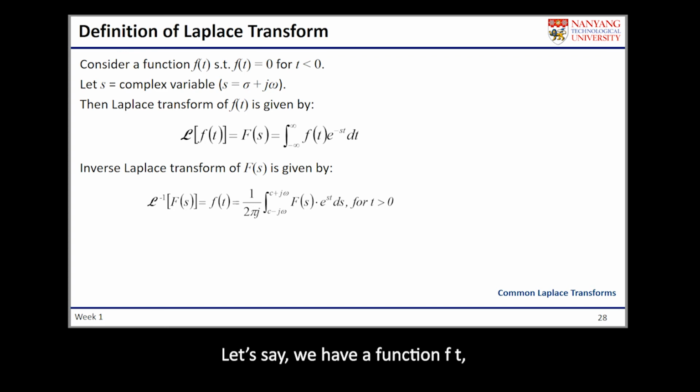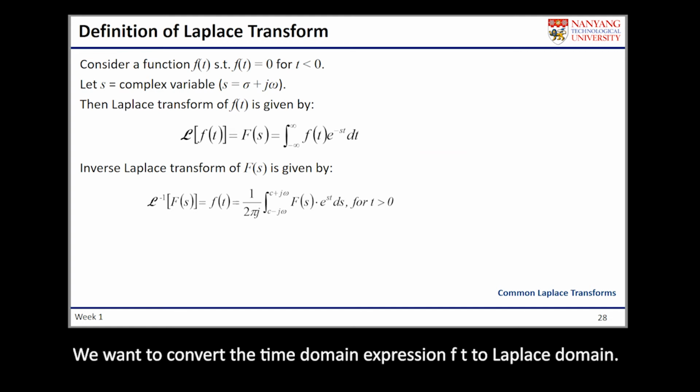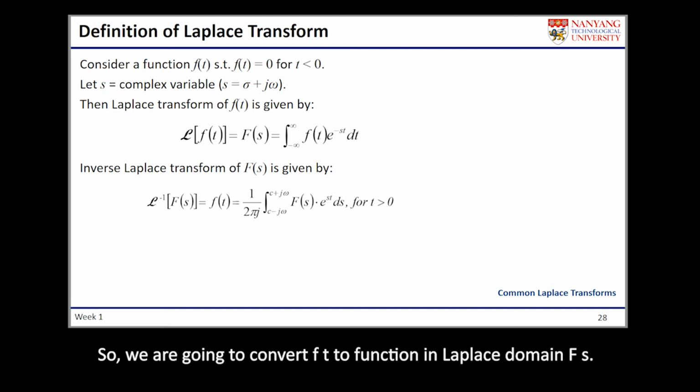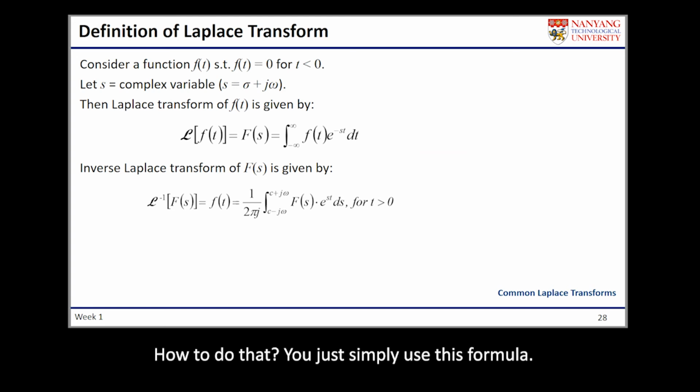Let's say we have a function f(t) and then we want to express it in Laplace domain. We want to convert the time domain expression f(t) to Laplace domain. So we are going to convert f(t) to a function in Laplace domain, F(s). How to do that? You just simply use this formula.